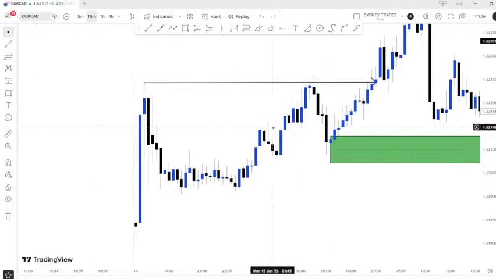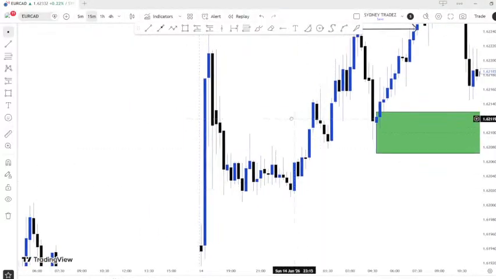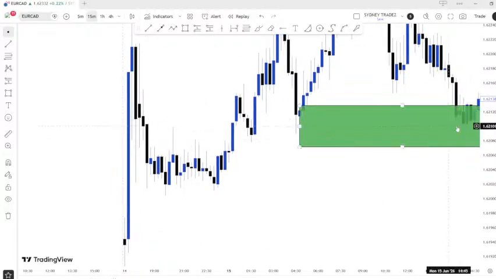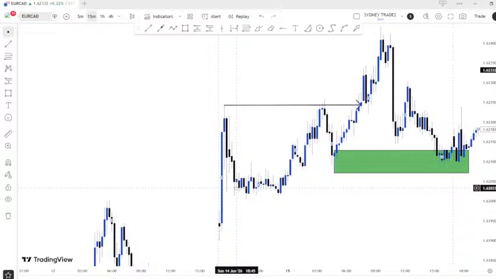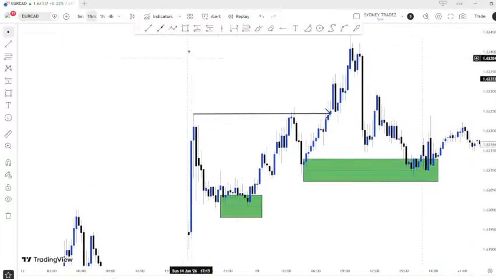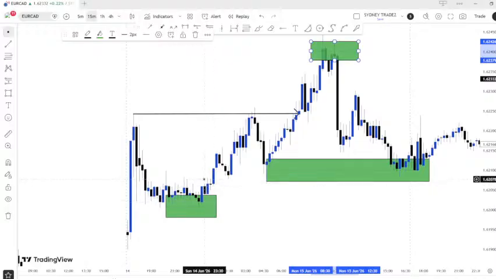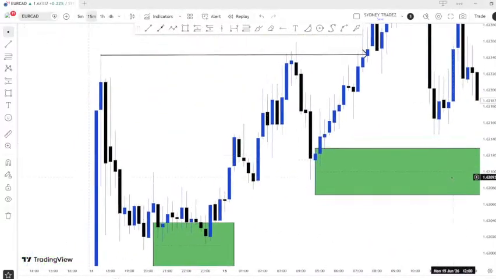What we analyzed on this structure, on this shift, from this low to this high, is that there was no fair value gap, and all we needed was a point that will hold the price.